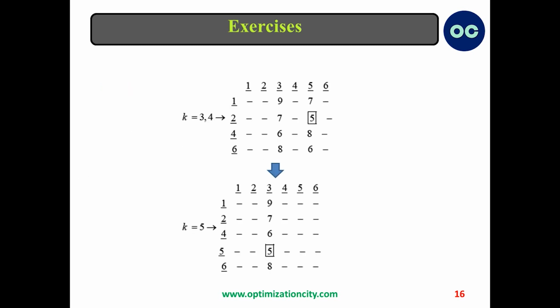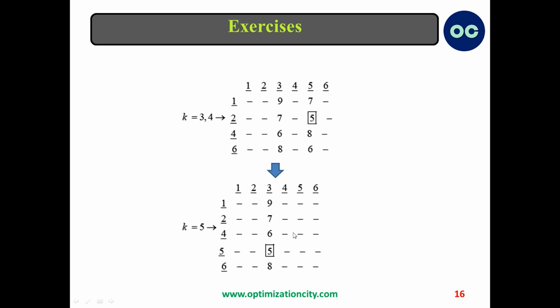Then we choose node number 5, because the smallest value in this matrix is equal to 5, and add arc 2, 5 to the tree with the lowest cost. Finally, we select node number 3 because 5 is the minimum value in this matrix.